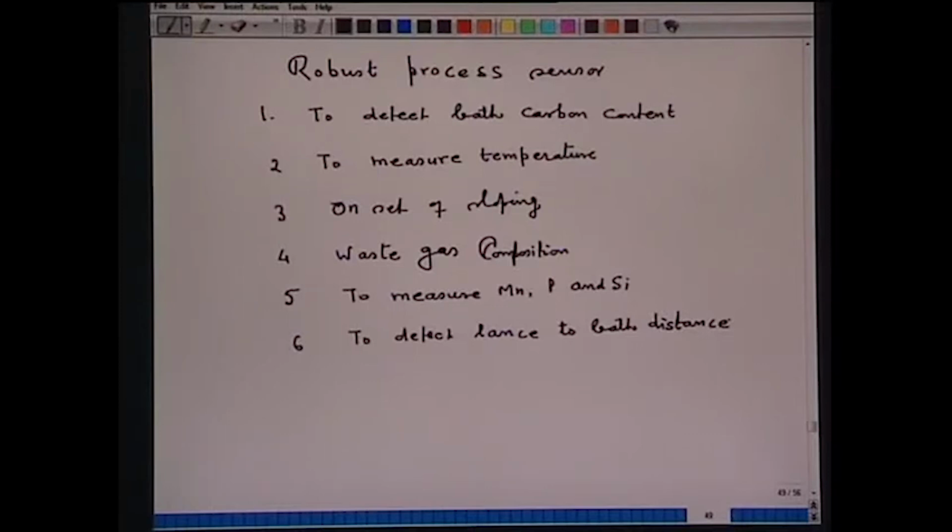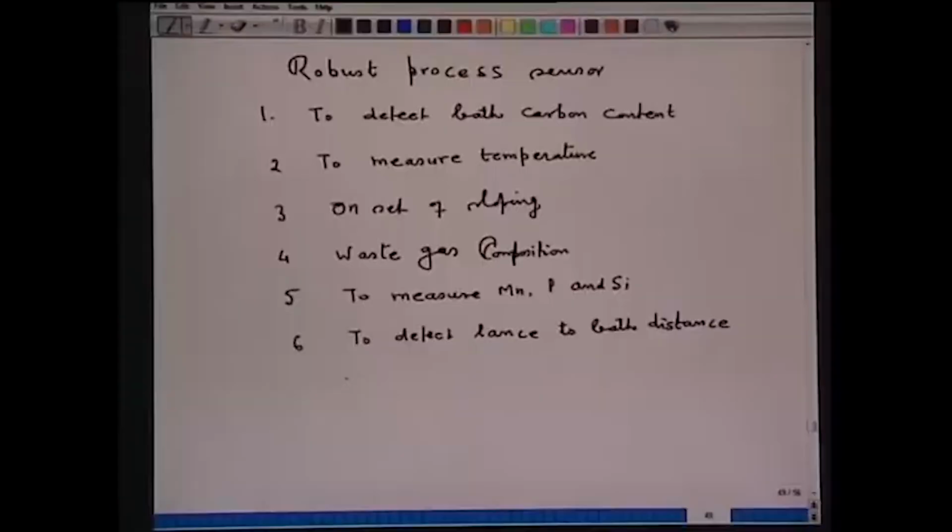As I already said in my lecture on the behavior of gas jets, there I have said the importance of the gas jet and the importance of the distance between the lance and the metal bath. So, if we can find or develop a sensor which can detect online the distance between lance and the bath, then it will help to develop the dynamic control of the process.